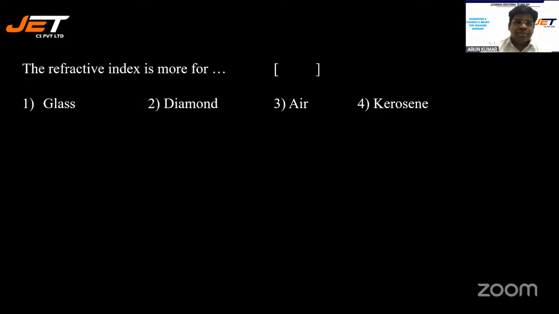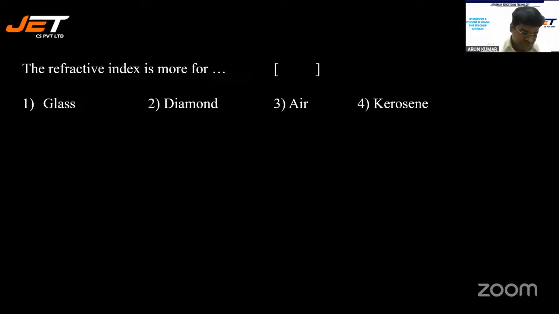All right, here is a factual question. Refractive index is more for glass, diamond, air, kerosene. Sharanya is brilliant, good. Sharanya, Akhil, Vignana, Chintamani, Bhanupriya, Lata, Venkana, Charan Teja, Mohan, Mudassir, Kranti, good. Excellent.